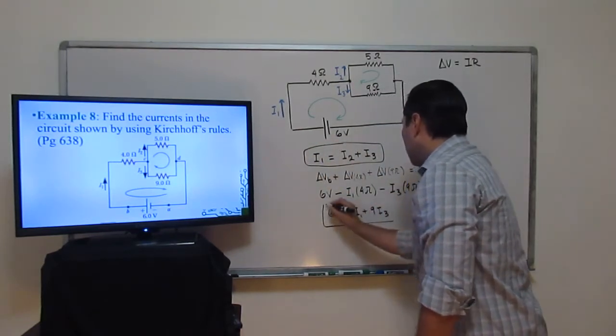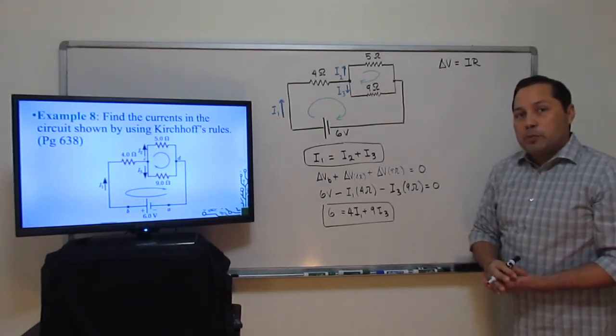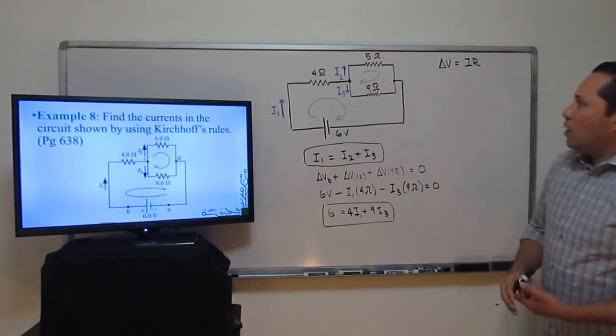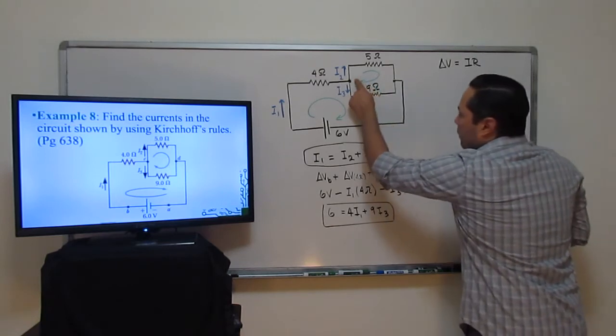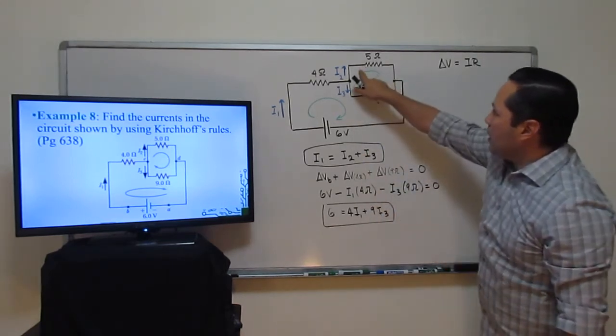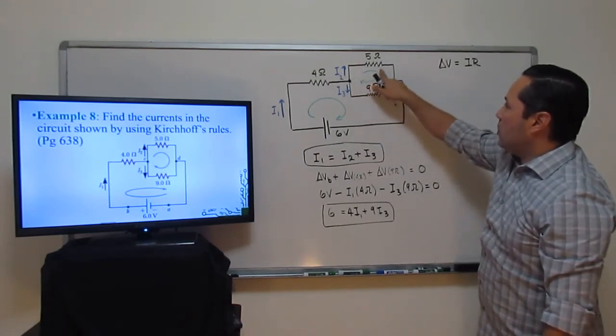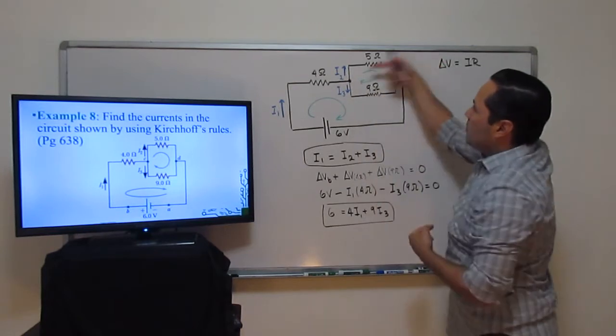We have this one. Now we need to make one more claim about the loop on top. Then we're going to go ahead and substitute them into each other and solve. All right, so for this one, we're going to start right here at the junction and go around. All right, so for this one, it's going to be the first resistor. Notice that the direction of the arrow is going to the right, so the resistance to the left.